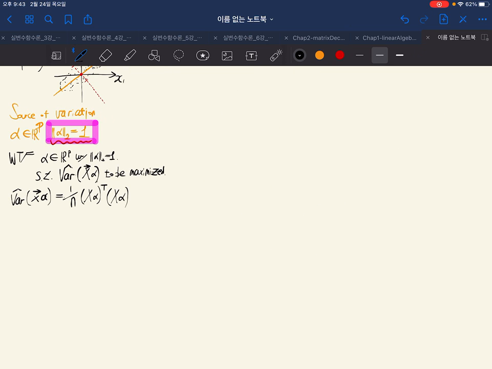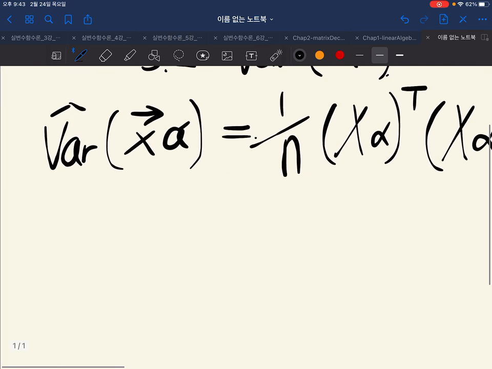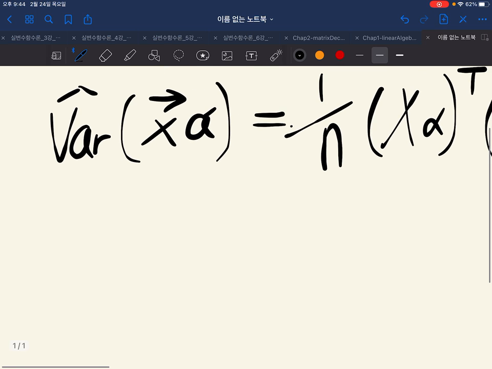And let's see, if we take one of the rows of the matrix X, let's say the ith row, so it's like this.